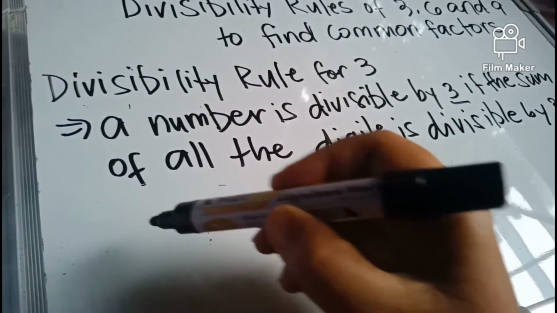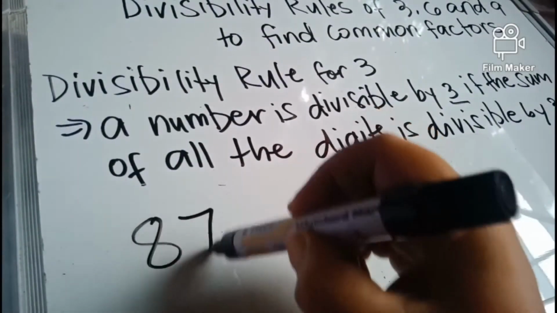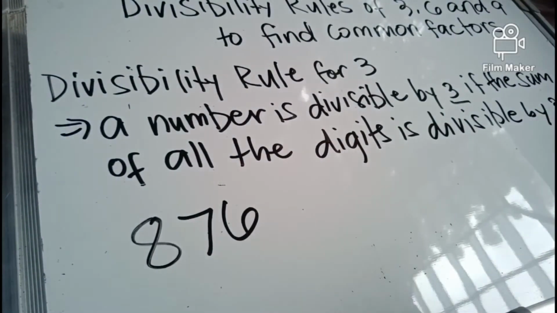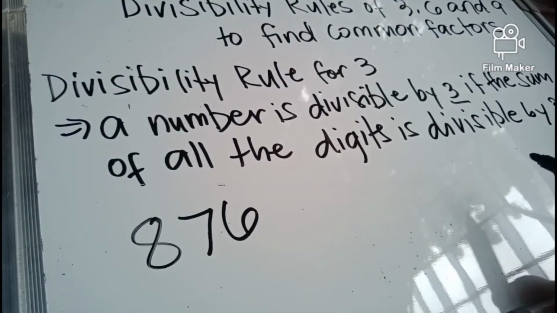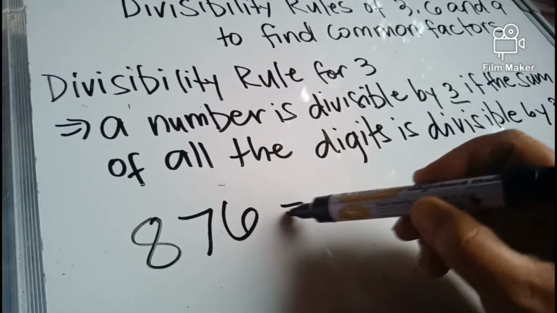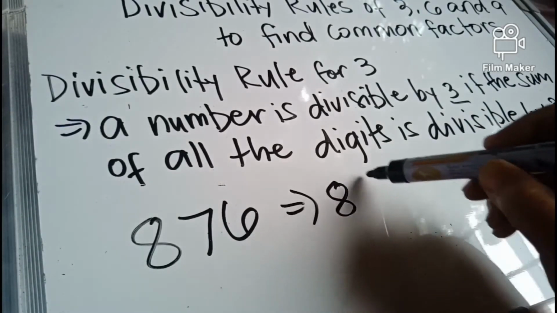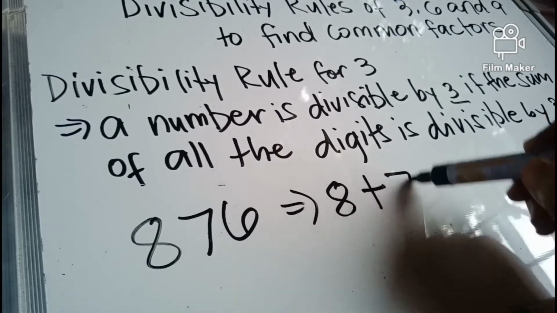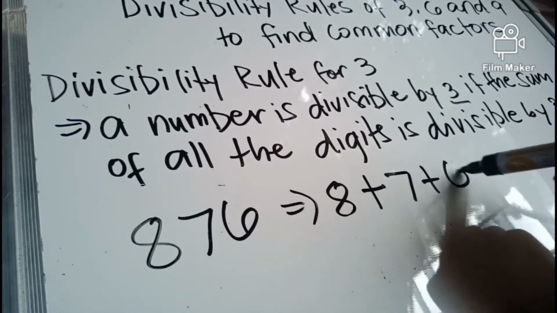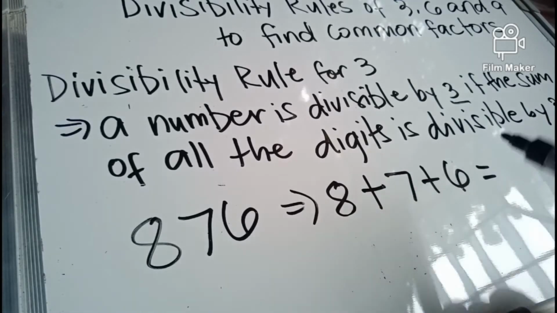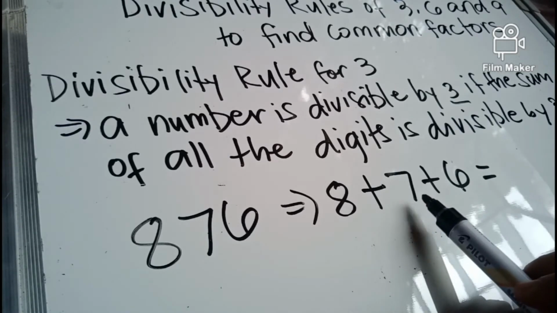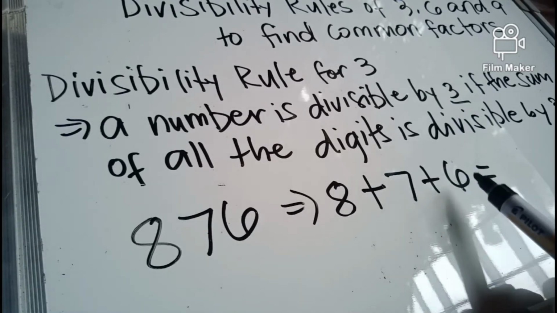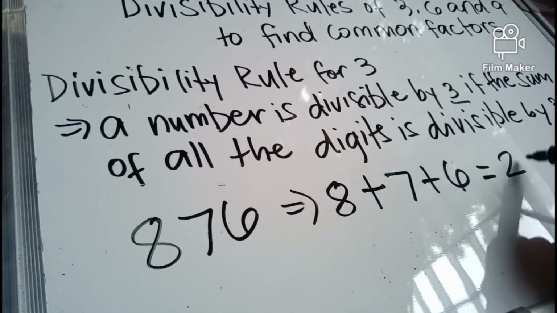Another example is 876. So, we have to add the digits. So, I have here, ganito yun siya, 8 plus 7 plus 6 equals 8 plus 7 is 15 plus 6 equals 21.